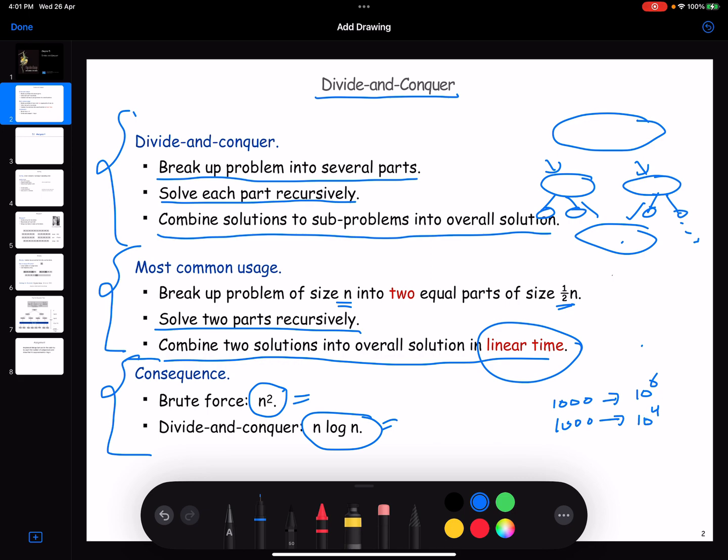So 10 multiplied by 1000 is 10,000. So here we need 10,000 comparisons, and with bubble sort we need 1 million comparisons if n is 1000. So you see there is a big difference.